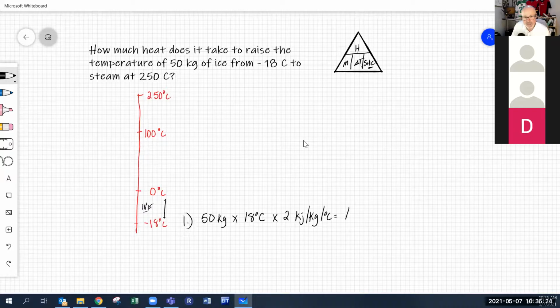So it takes 1800 kilojoules to raise the temperature of that ice to the freezing point.